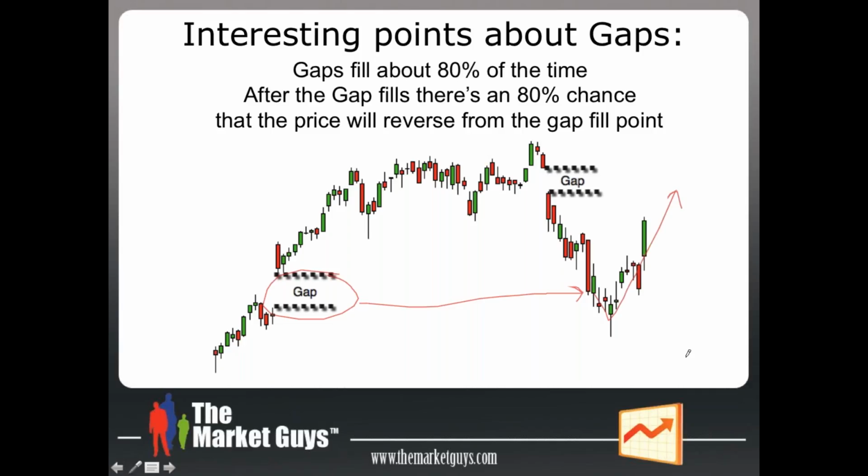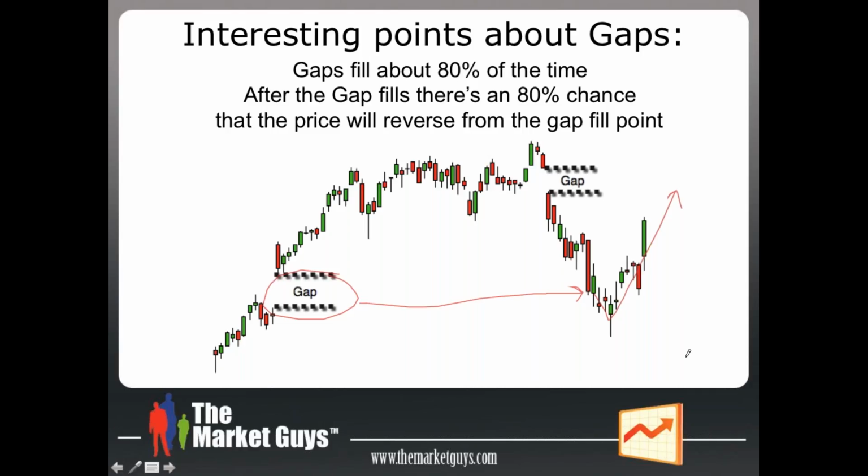Now here's how I do this, and I would love it if each and every one of you did this for a homework assignment. Get yourself a piece of paper, anything. I don't care if it's a paper napkin. Draw a line down the middle of the paper. On the left-hand side, you note the gaps and the date at which the gap formed.